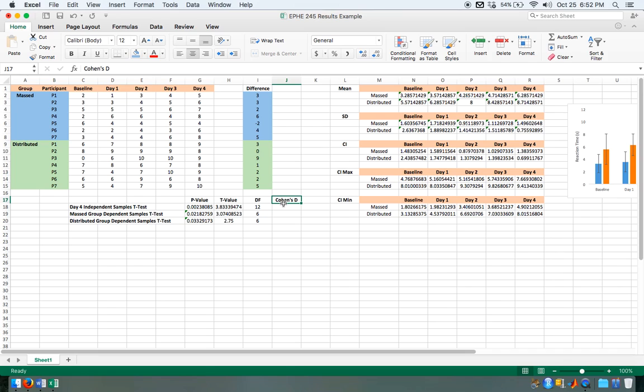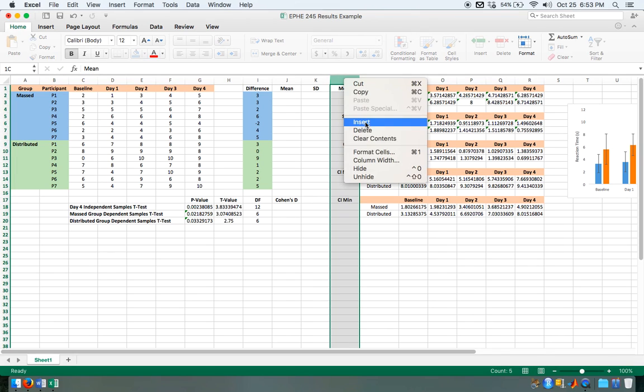So we're going to calculate a Cohen's d here. Let's start off with the masked group. A Cohen's d is simply the mean difference divided by the standard deviation of the difference. So I'm going to get this mean and standard deviation.